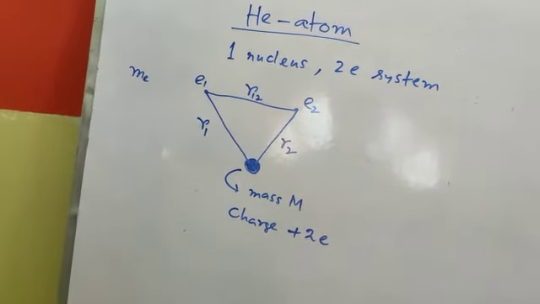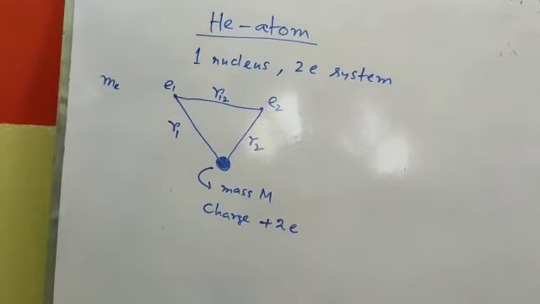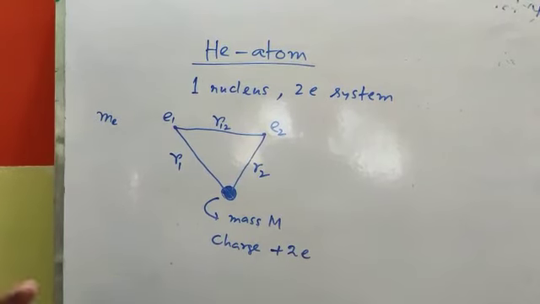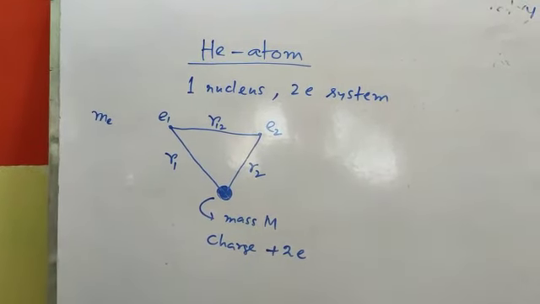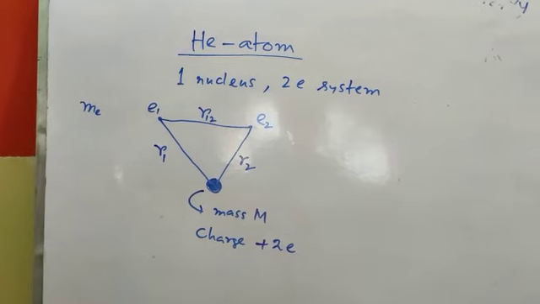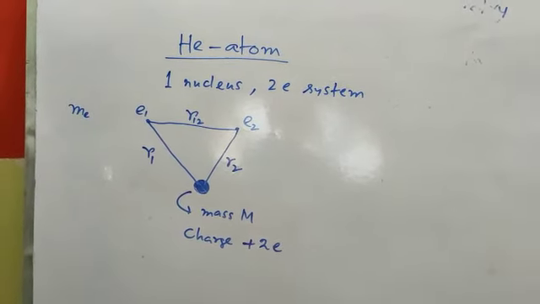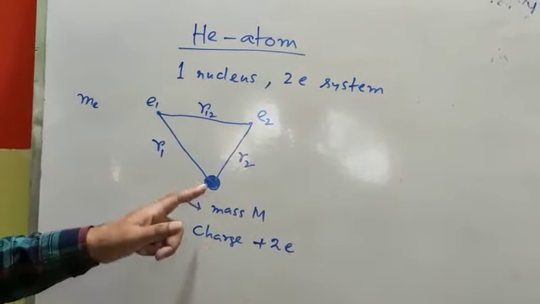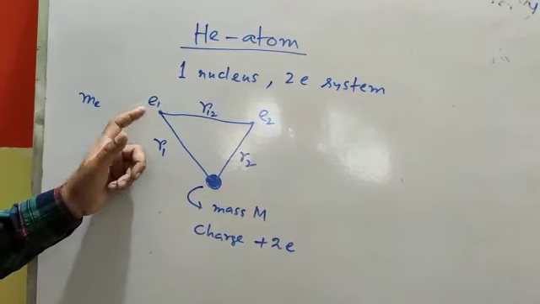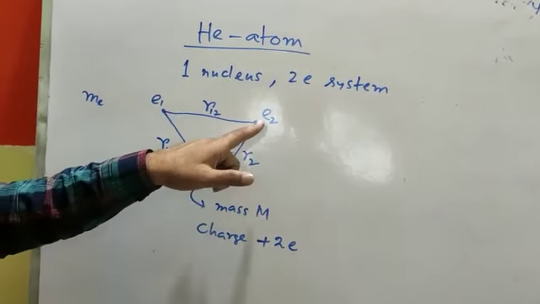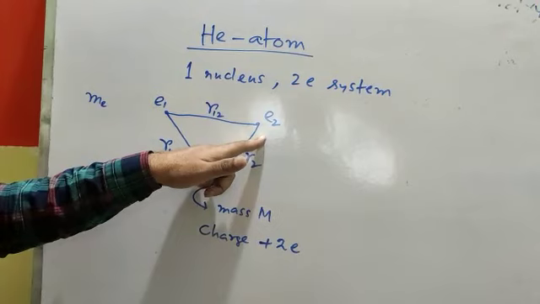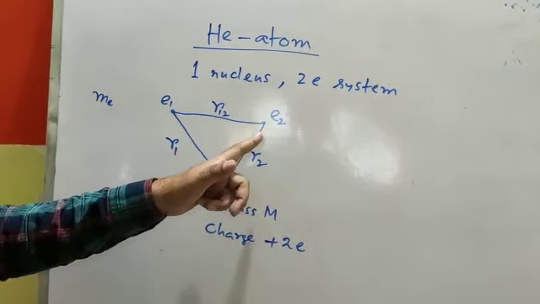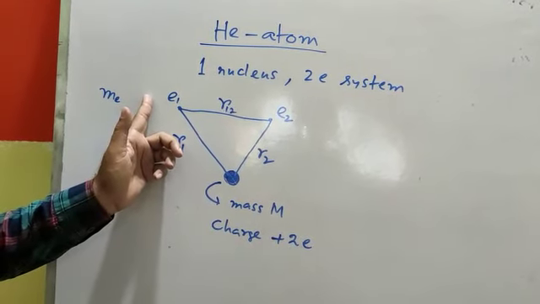Now we have to write the Hamiltonian of this system. So for this system, there is kinetic energy of the nucleus and kinetic energy of the electrons also, and there are potential energy terms for the nucleus and electron 1 interaction and nucleus and electron 2 interaction, and there is another term, the inter-electronic repulsion term between electron 1 and electron 2.